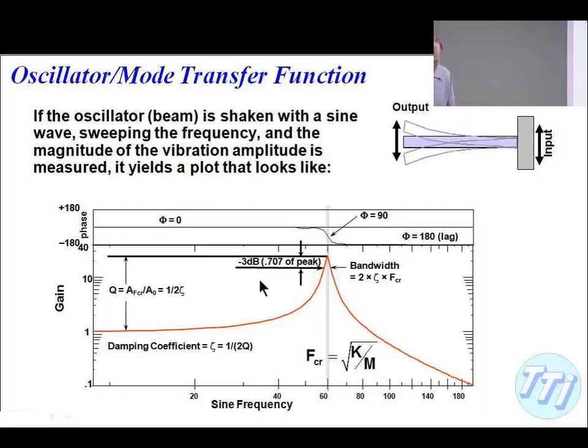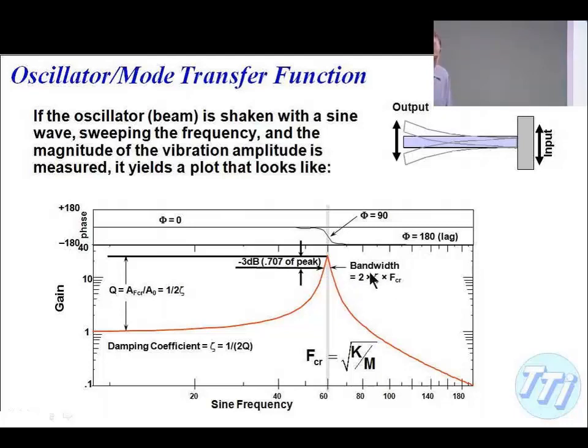And when you look at the response, this is viscously damped, which is the model that most of us are used to, where the damping is proportional to the velocity. Then the transfer function's got some fairly neat characteristics. If I measure the transfer function, I can calculate the damping coefficient, knowing the 3 dB bandwidth.